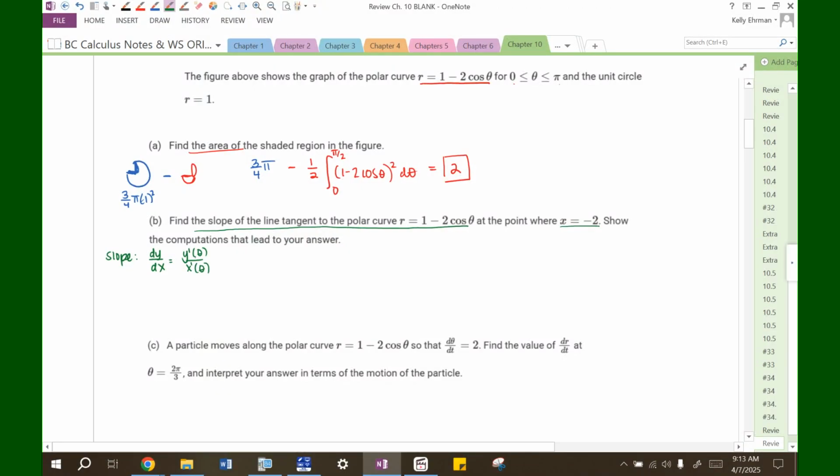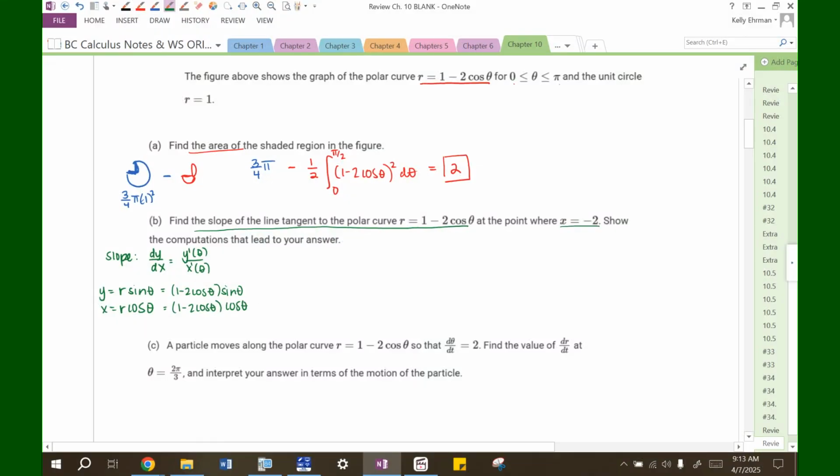And remember, we have equations for x and y, because y is equal to r sine theta, and x is equal to r cosine theta. And so r is 1 minus 2 cosine theta times the sine theta, and x would be 1 minus 2 cosine theta times the cosine theta.